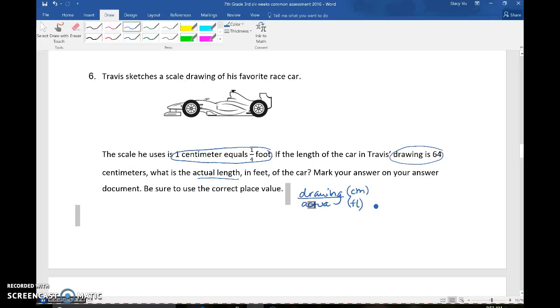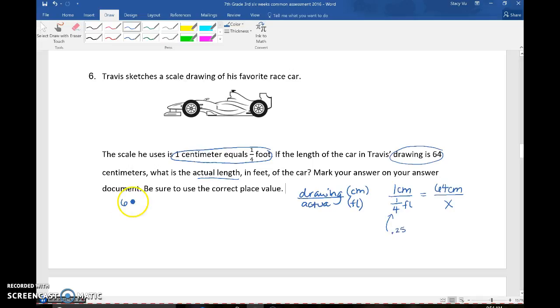So it says 1 centimeter equals 1/4 foot. And we know that the drawing is 64 centimeters. So I'm going to keep 64 centimeters on the top. And x goes on the bottom. So we're going to do cross product. 1/4 is like 25 cents. So 0.25.